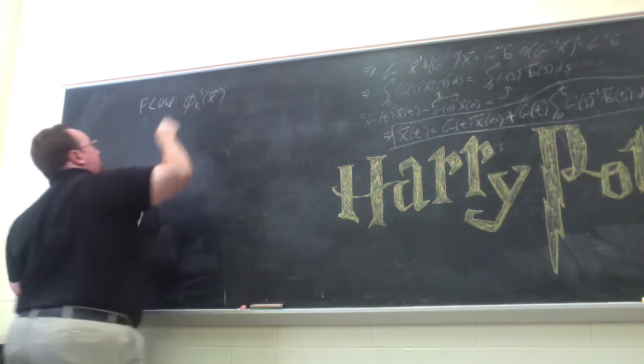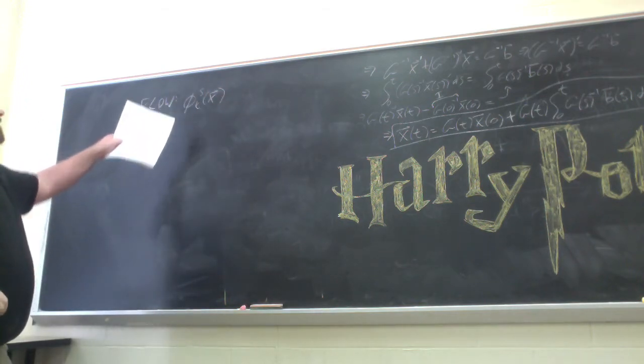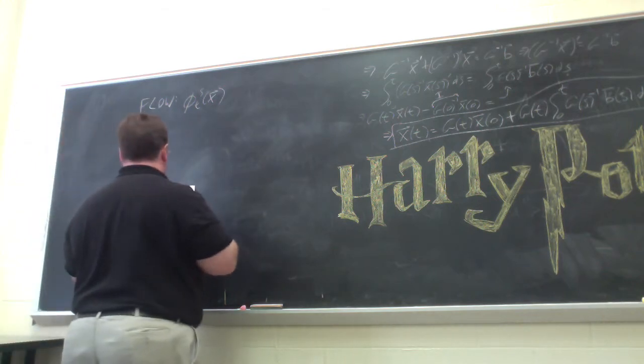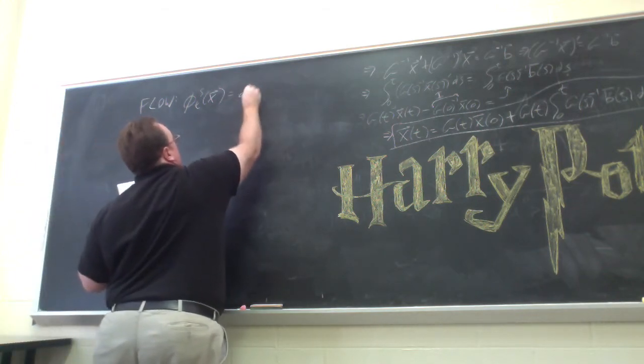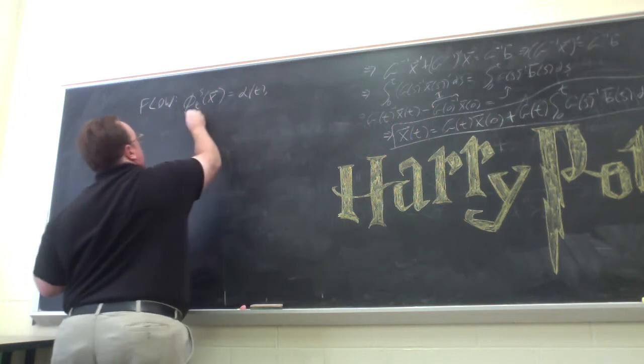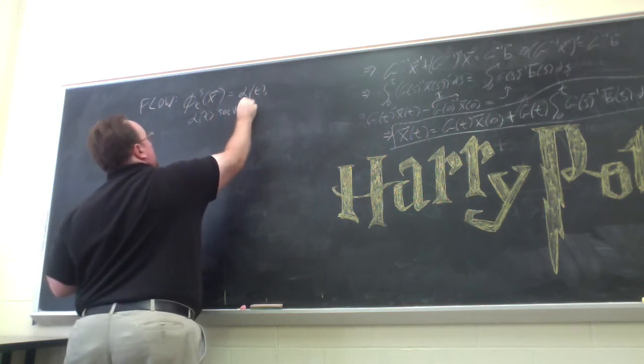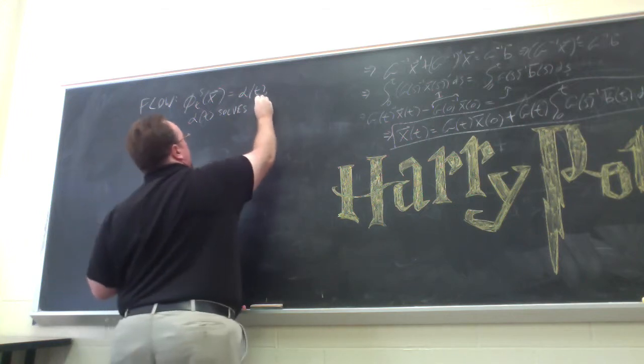So think of your superscript as your starting time, and your subscript as your ending time, and x is your initial data, given by alpha of t, where alpha is a solution of your initial value problem.